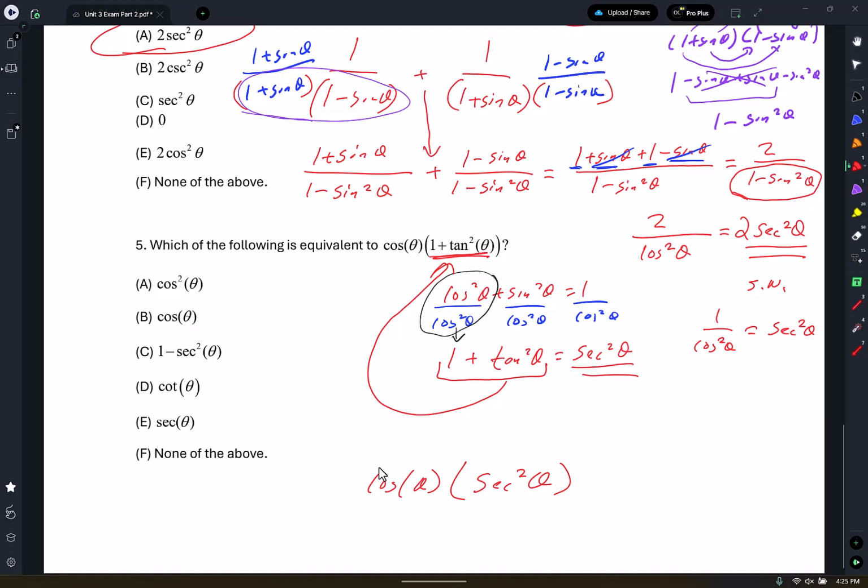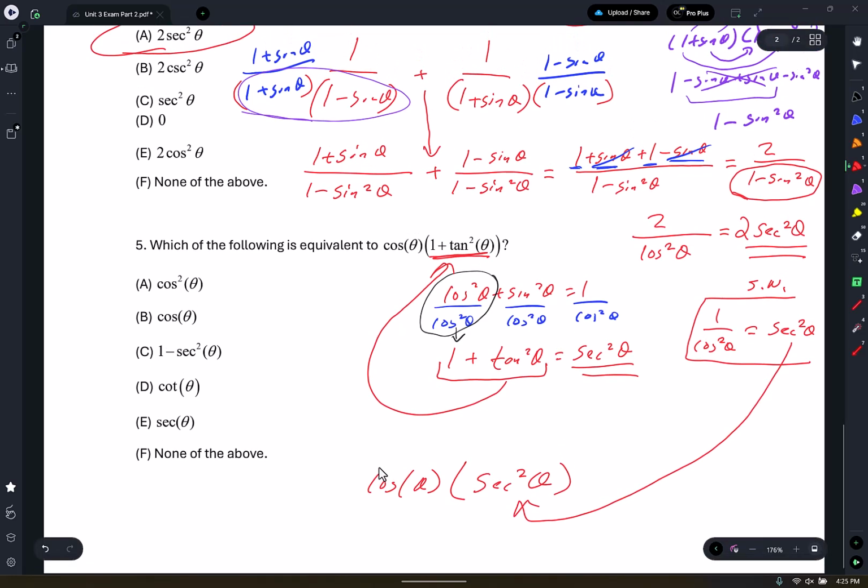Look at this little side note, and it says that 1 over cosine squared is equal to secant squared. Do you see that? So that's what I'm going to substitute again. I'm going to go cosine theta times 1 over cosine squared theta.